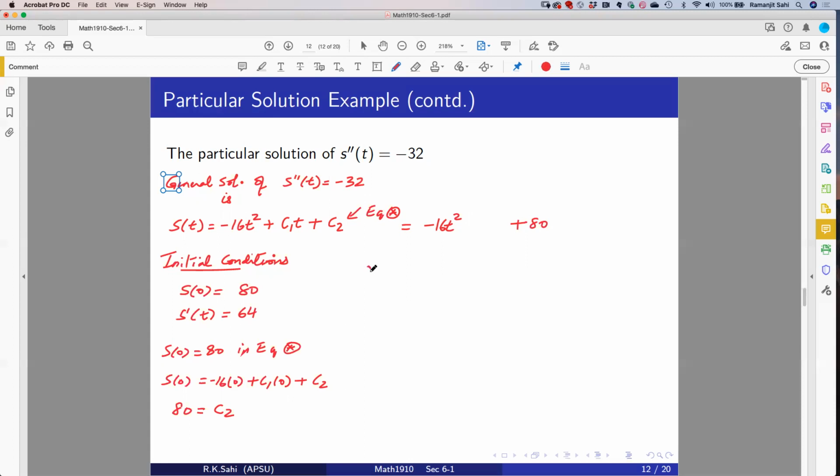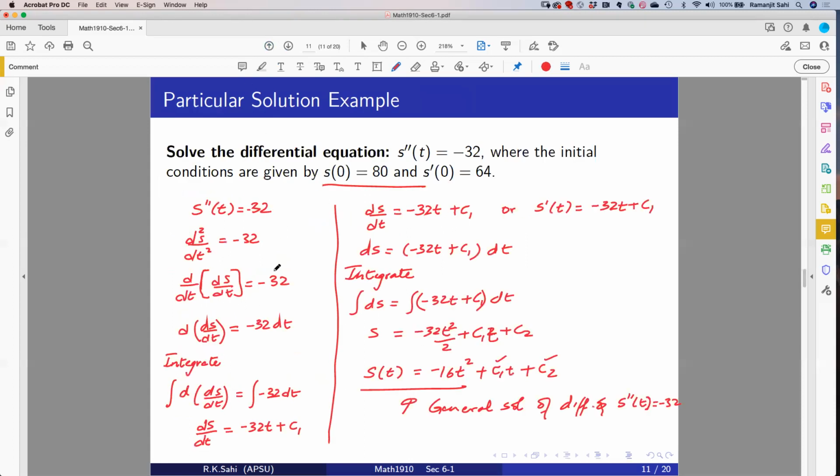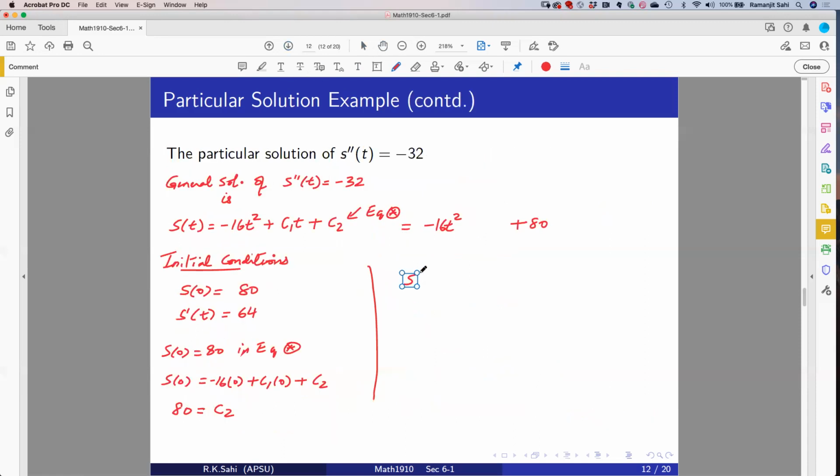To find c1, remember, while we were solving this differential equation, we found after our first integral that s prime of t equals -32t plus c1.